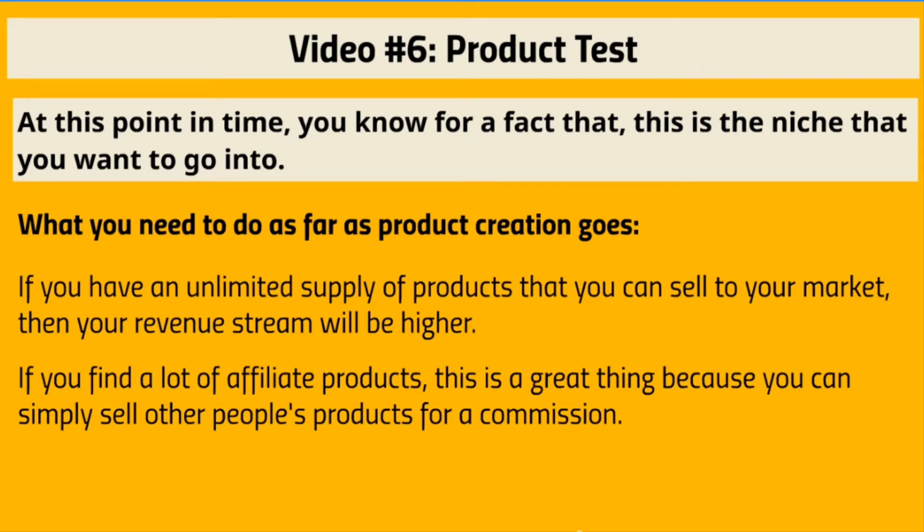Now, if you find a private label rights product in your niche, let's say, for example, lowering cholesterol, you can compile an ebook or a report that somebody can buy, or you can turn that report into a video course that somebody can buy. Either way, product creation or private label rights, you get 100% of the actual revenue.